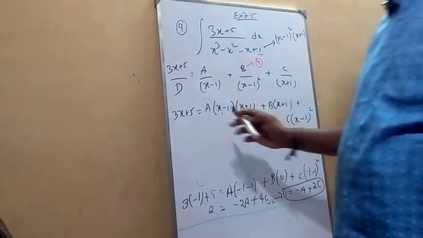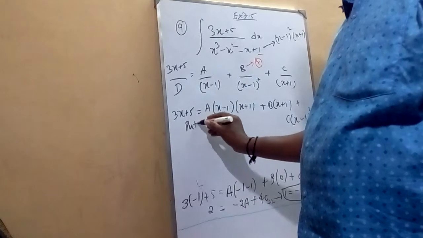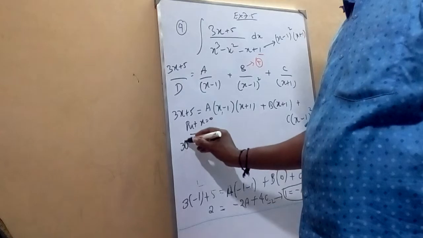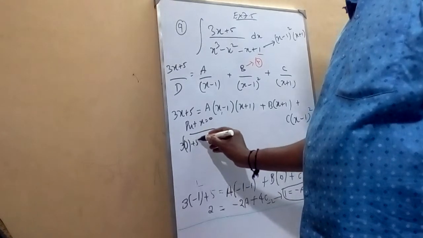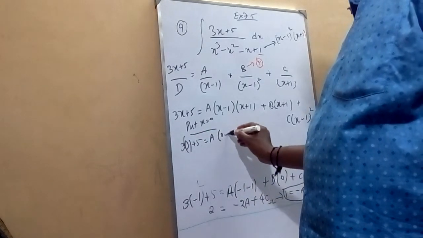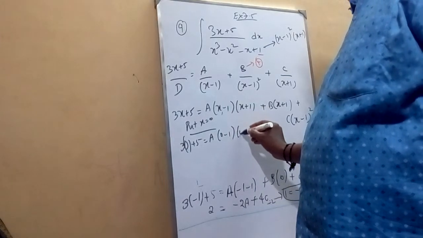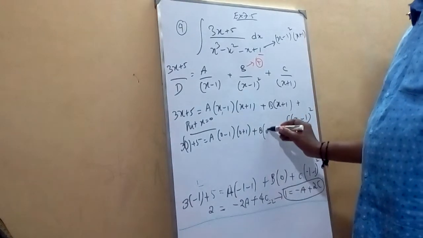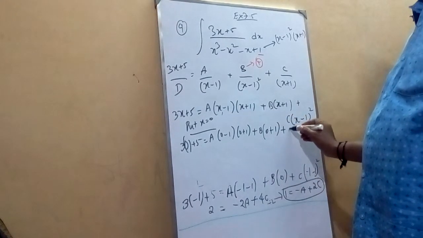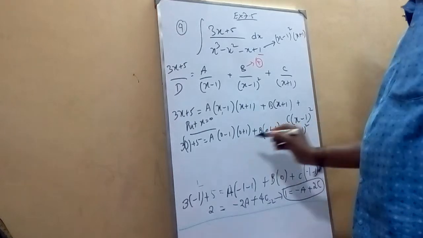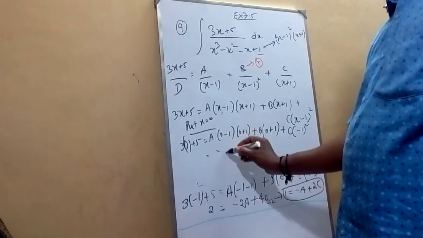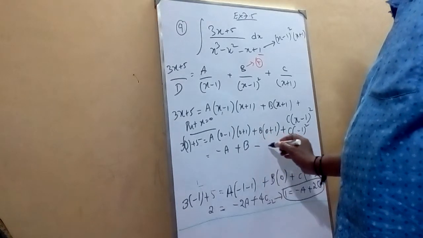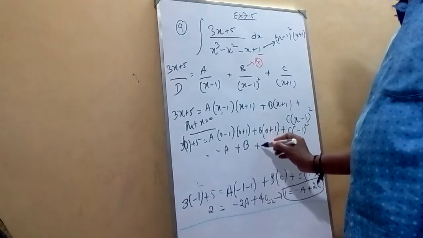Put x equal to 0 because that is another method. So 3 into 0 plus 5, a into 0 minus 1, 0 plus 1, plus b into 0 plus 1, plus c into minus 1 the whole square. Answer is minus a plus b plus c.